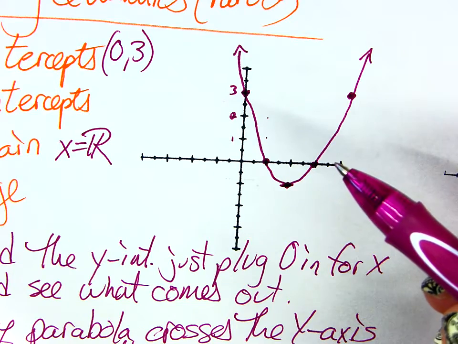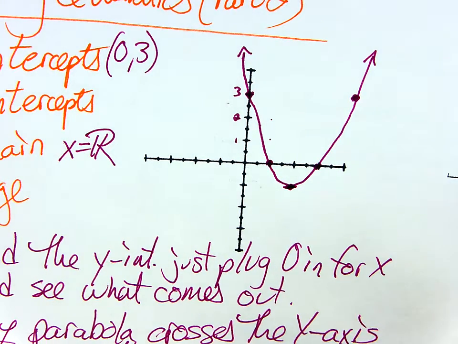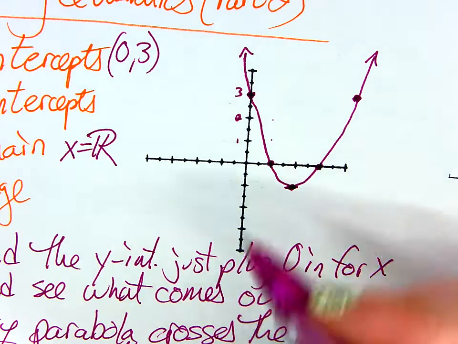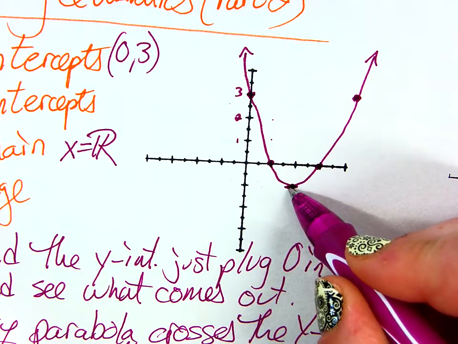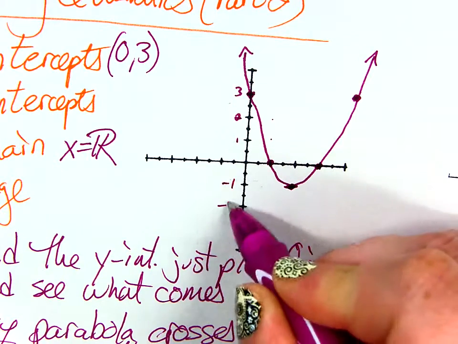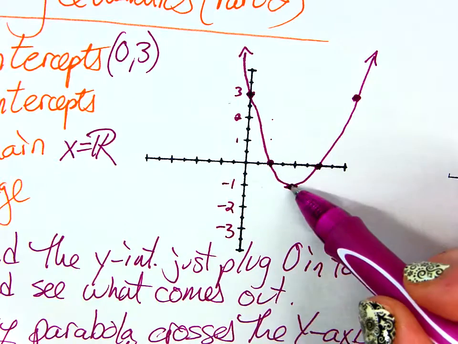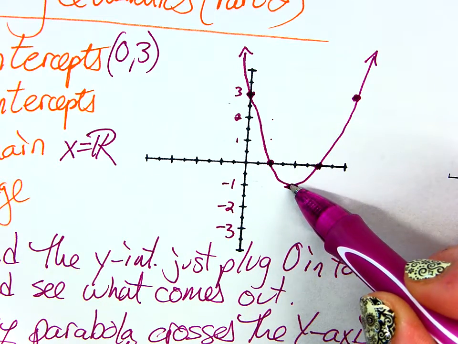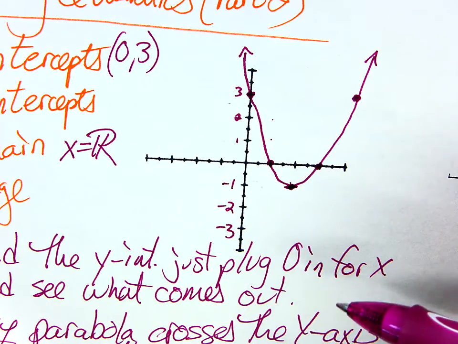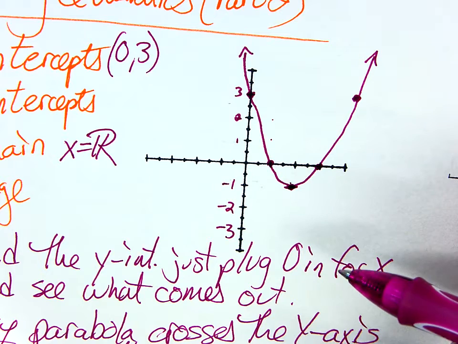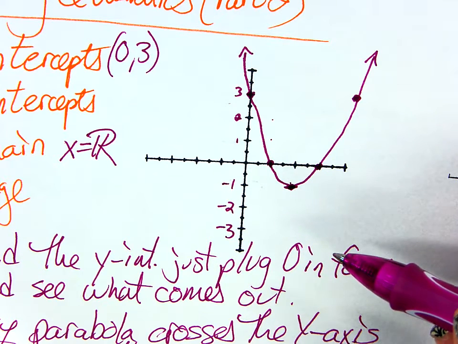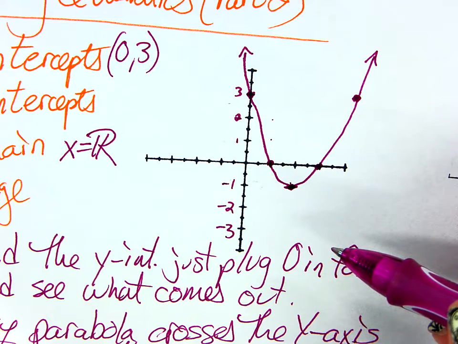Right? So the range is just what y values are coming out when you plug in your domain. Well, all my y values, in this case, here's -1, -2, -3, right? Every single y value is going to be greater than or equal to -1. Do you see that? Is everybody with me? Because I have a feeling in 5 minutes when I'm asking you to find range, you're going to be like, how do I find that one?